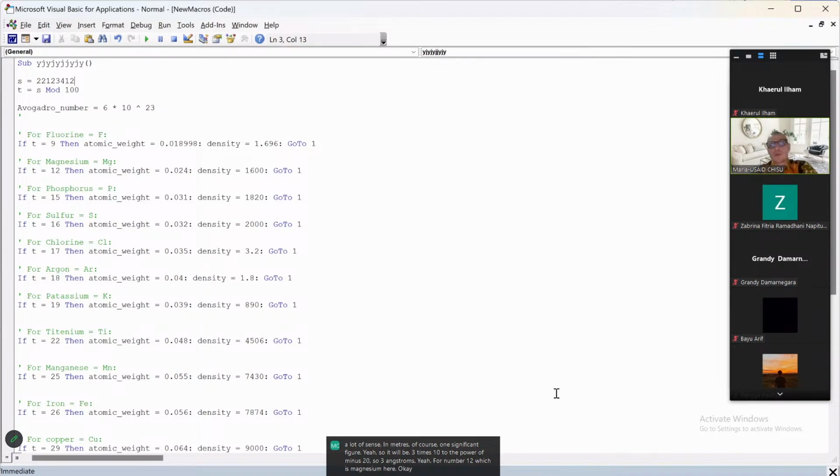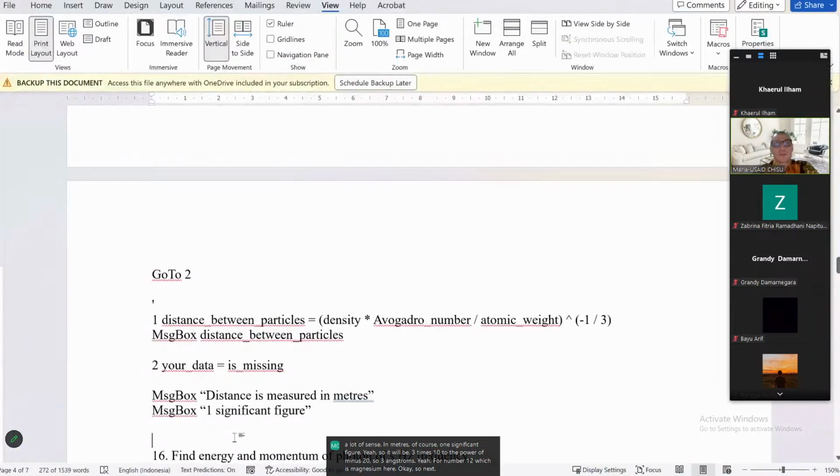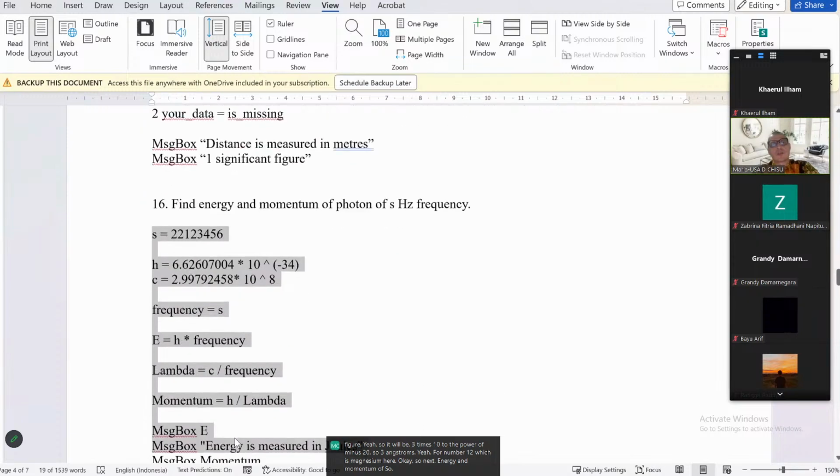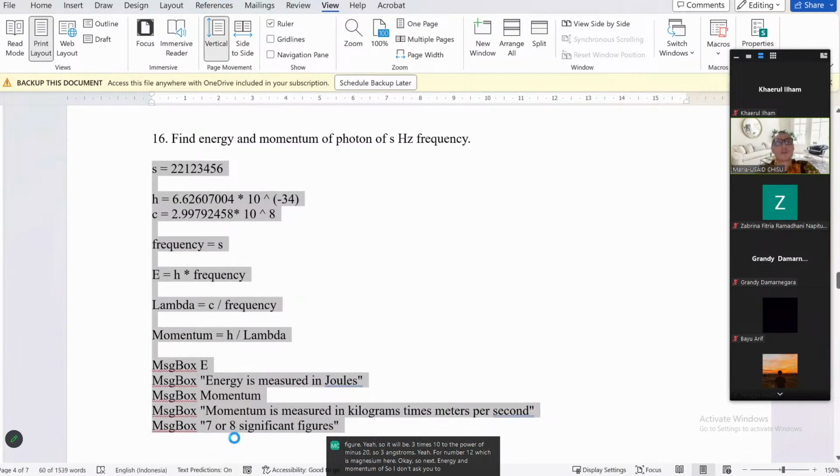Okay, so next, energy and momentum of a photon. I don't ask you to calculate in this case, but maybe I can quickly copy paste and calculate. Before calculating, of course, I must give the correct number of significant figures.